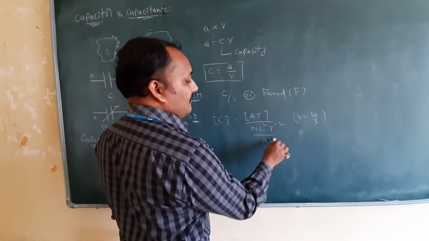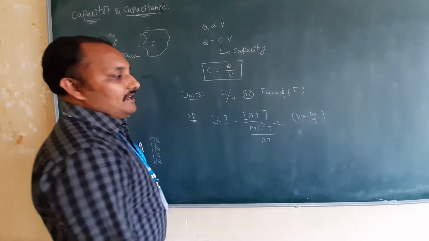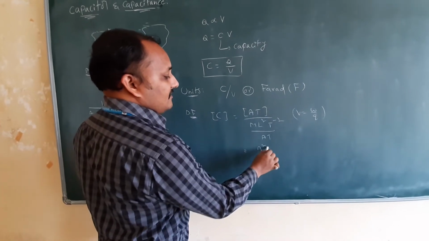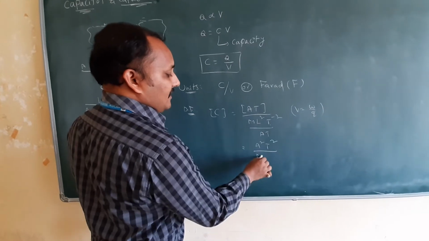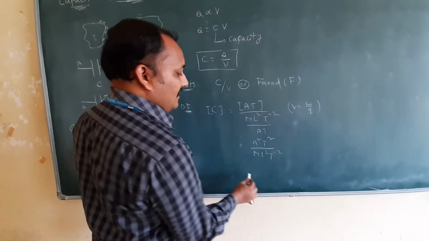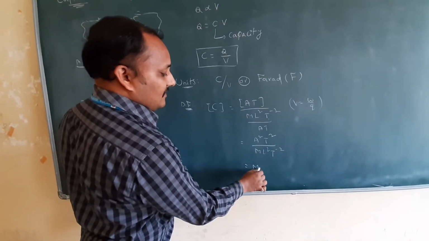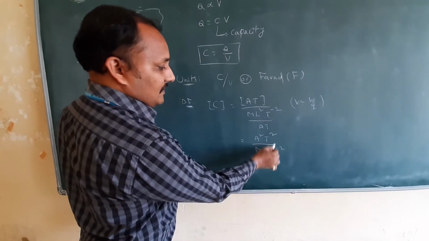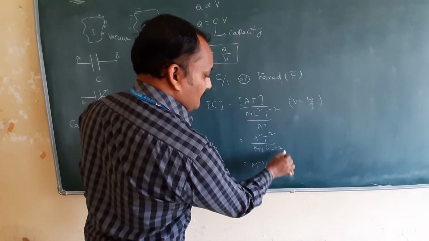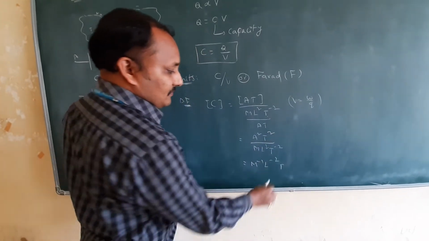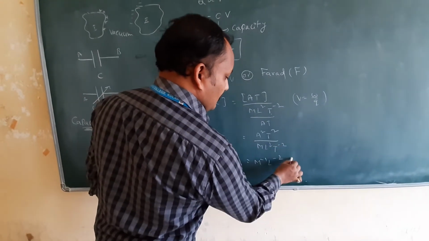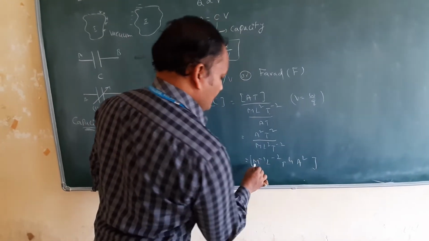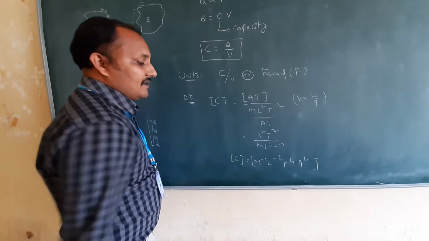Charge dimension formula is AT. So AT, what is going to be? A square T square by mL square T power minus 2. When it goes to the numerator, m power minus 1, L power minus 2. So T power minus 2 will become plus 2. Therefore 2 plus 2, T power 4, and A square is already there. So this is the dimension formula for capacitor.